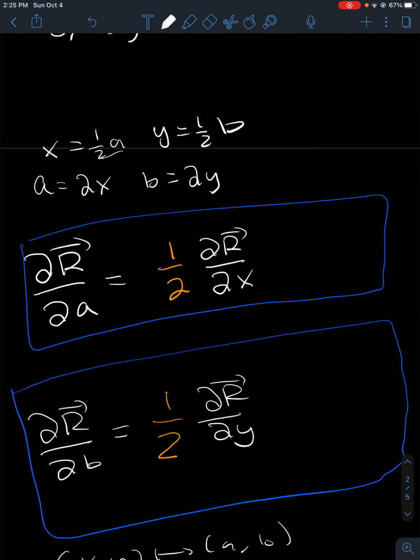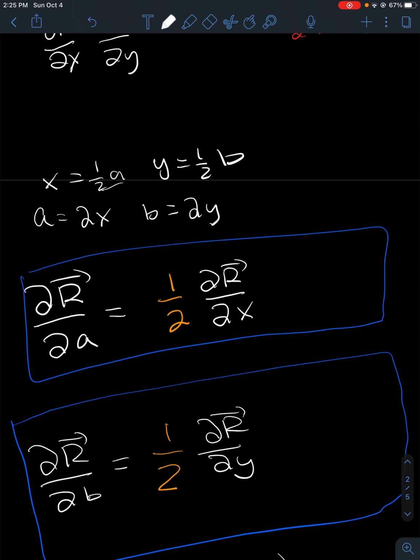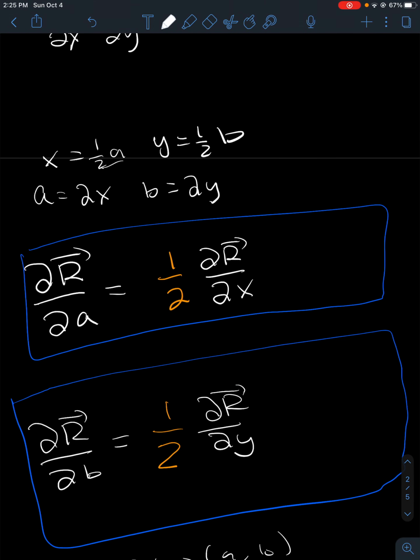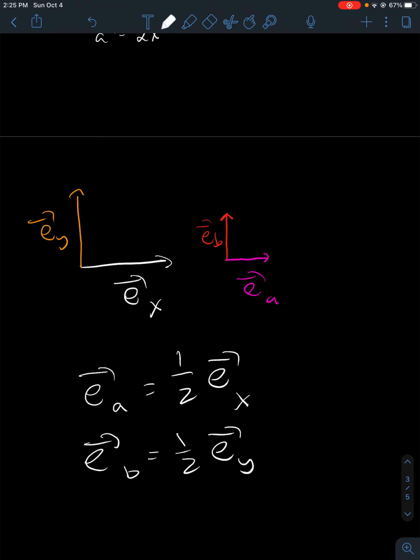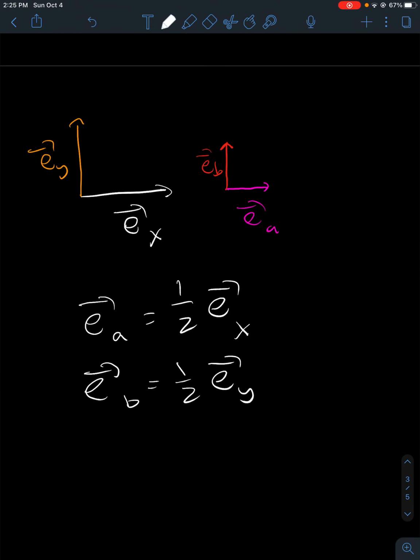I'm not going to go through the math for writing the x vectors as a linear combination of the a and b vectors, and the y vector as a linear combination of the a and b vectors. You can do that yourself. You'll get that the ex vectors are twice the size of the ea vectors, which we can prove intuitively by multiplying both sides by 2 for each of these.